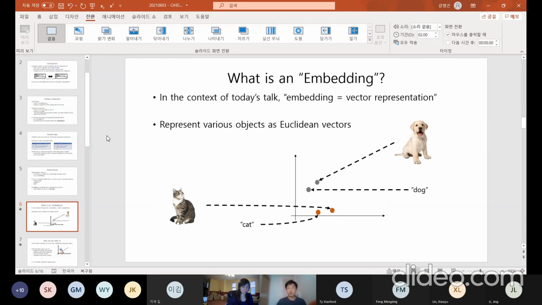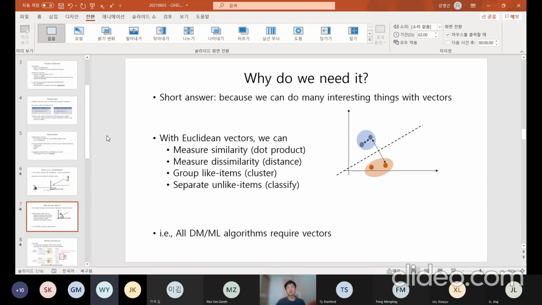A little more explanation about embedding is that basically you want to represent the objects as vectors such that similar items will be represented as vectors that are nearby, and different items will be represented as vectors that are far apart. That's the nice thing about having vectors.